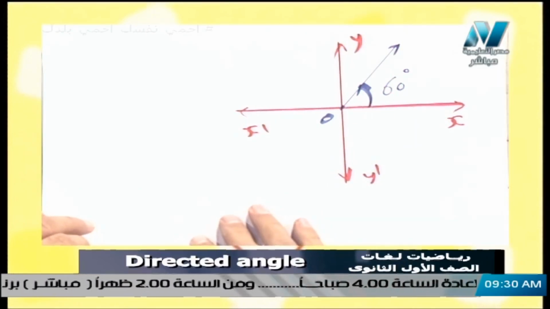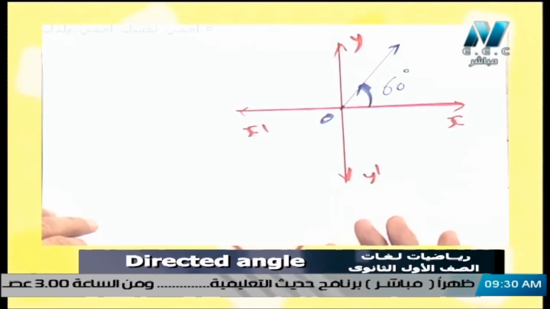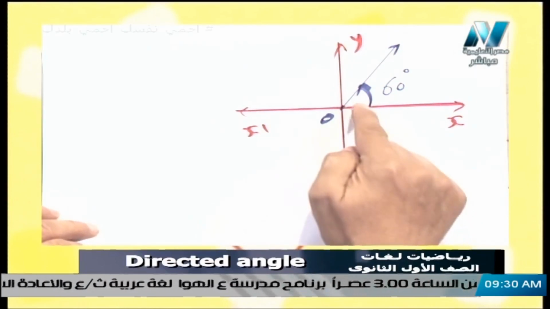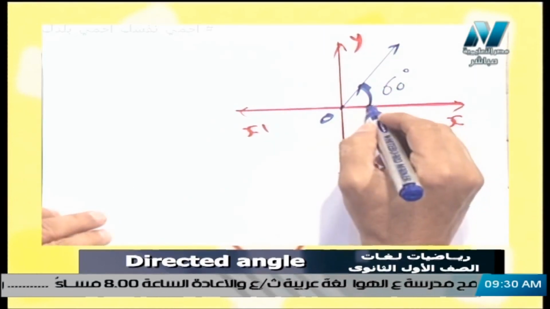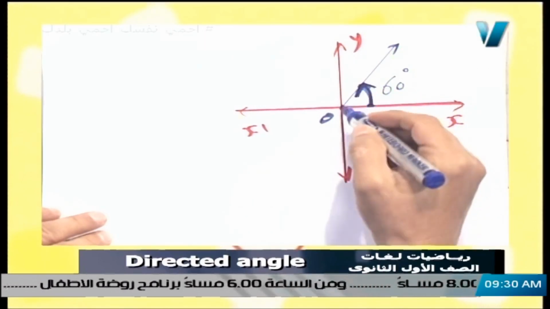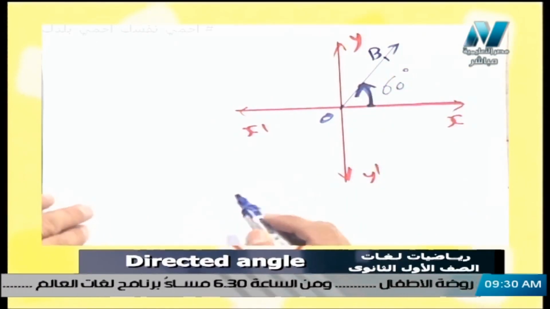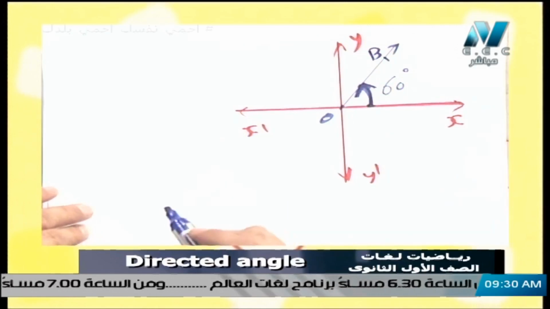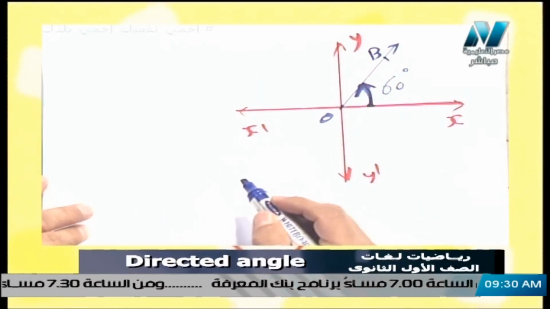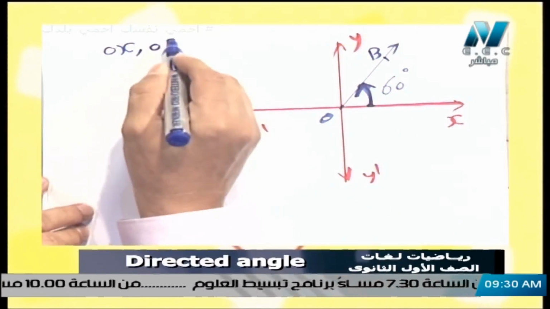What is the definition of an equivalent angle, and how many angles are equivalent to this angle? This angle, 60, starts from this point, and its terminal side is OB. The initial side is OX, so the angle will be XOB, and its ordered pair is OX and OB.